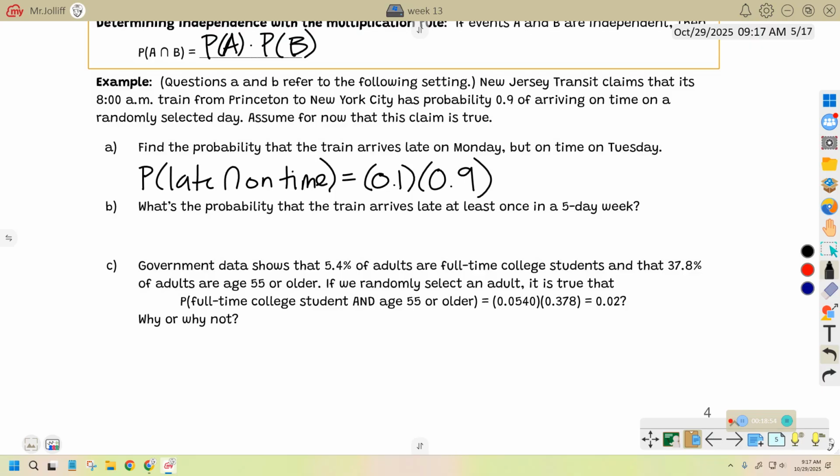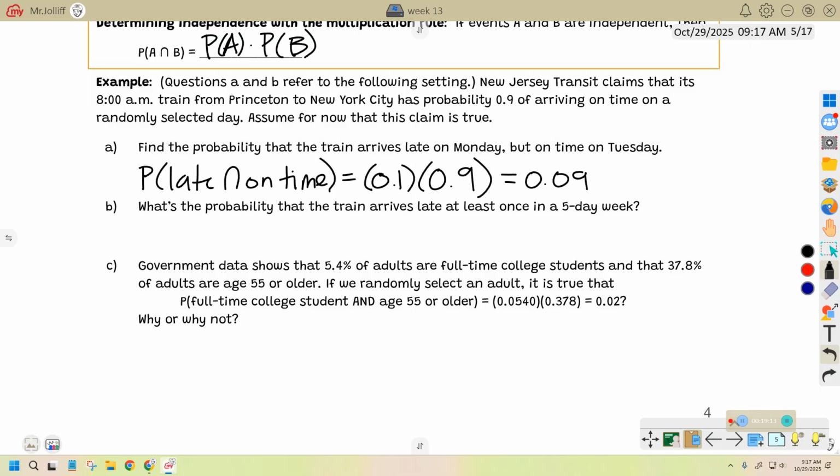Good. And that gives us 0.09? Yes. Yeah, I can do that. So there's a 9% chance that it's late one day and on time the next.